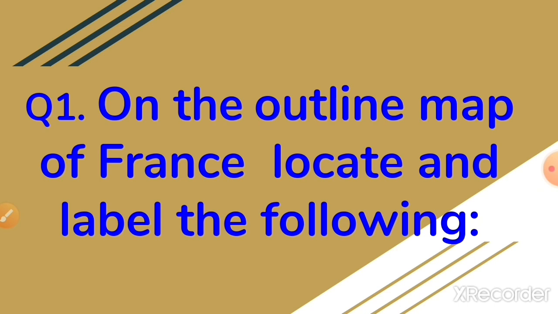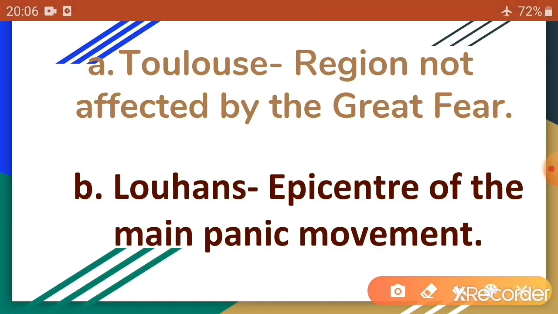I'll begin with history. Okay, your question number 1 is, on the outline map of France, locate and label the following. Okay, same map I'm talking about. You all are going to locate A, Toulouse, this region not affected by the Great Fear. Same map you are going to take just now what we did for history.